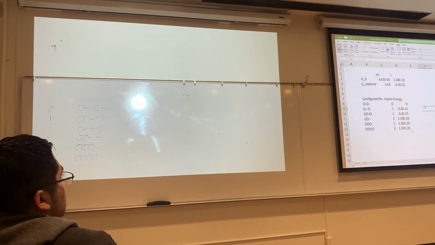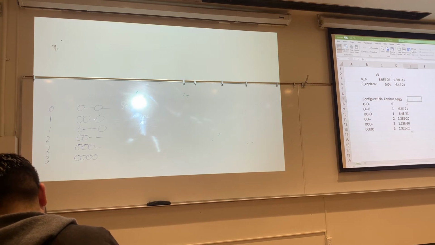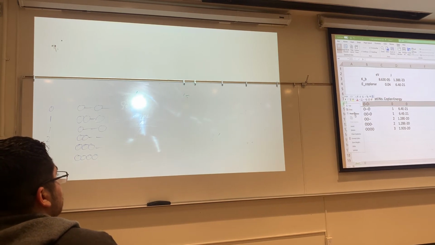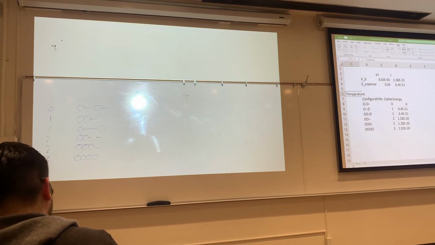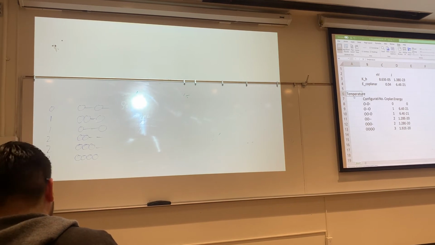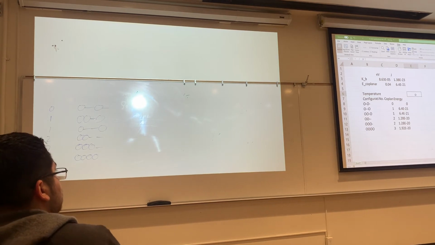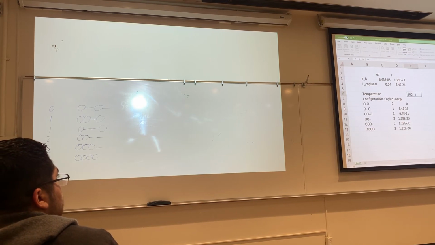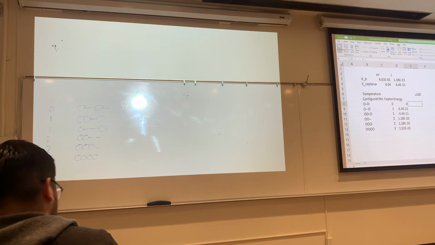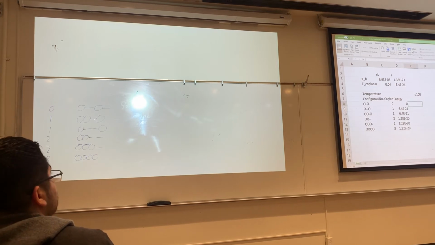So let's just say we have a row here. Oh, that's good. Where we put our temperatures. Okay, and if the temperature were to be maybe 100 Kelvin, then I can evaluate this e to the power of minus E over kT.